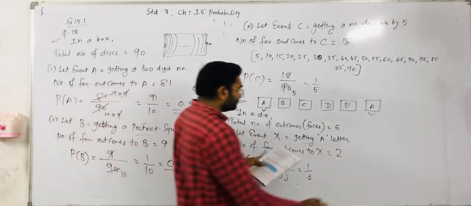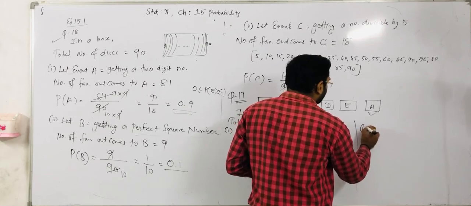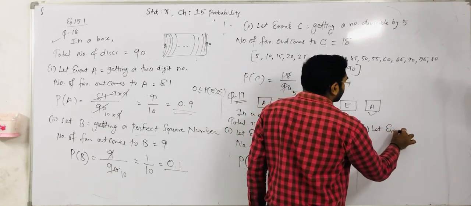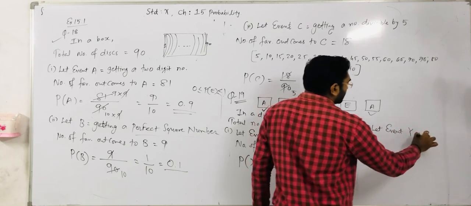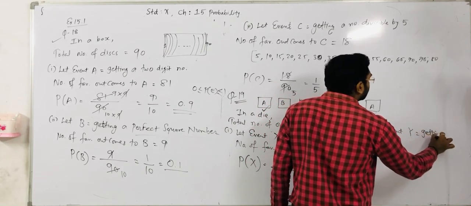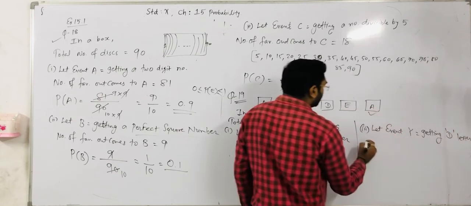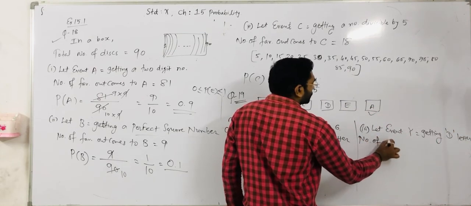Second question is given. What is the probability of getting a D letter? So let the event be Y, and it represents getting a D letter. Okay. So whatever the event, its favorable outcome we have to write.